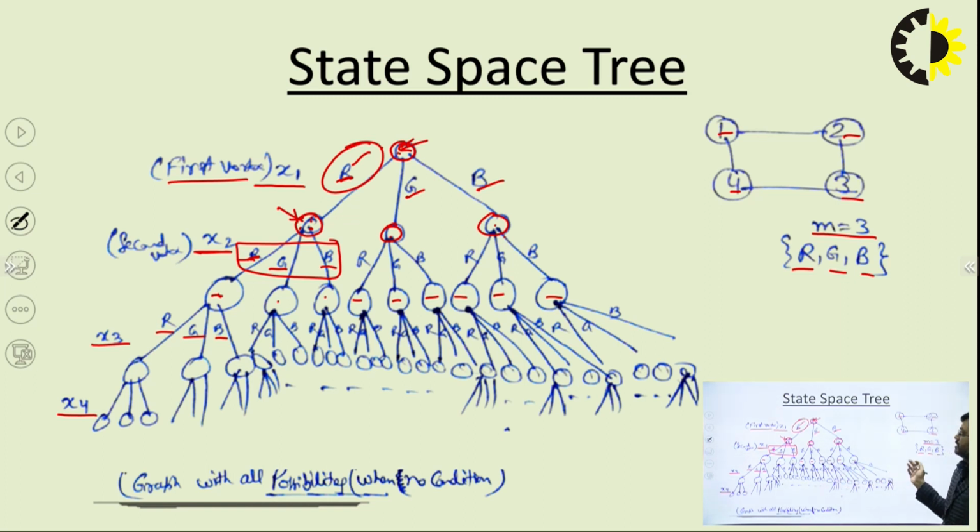This is called the state space tree with all possibilities. Then there are many solutions here: red, red, red, red; red, red, red, green; and so many more options. This is the total number of possibilities if there is no condition given for coloring the graph.